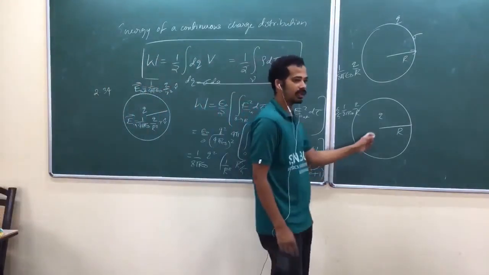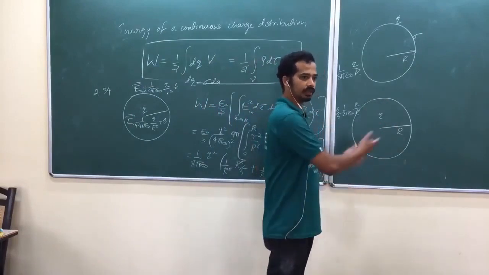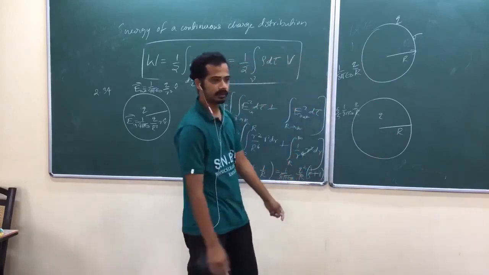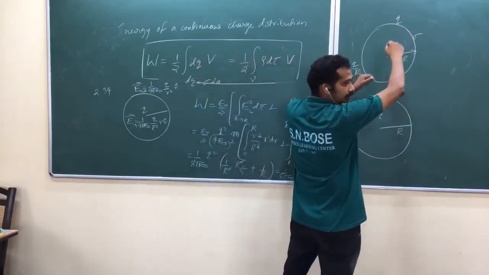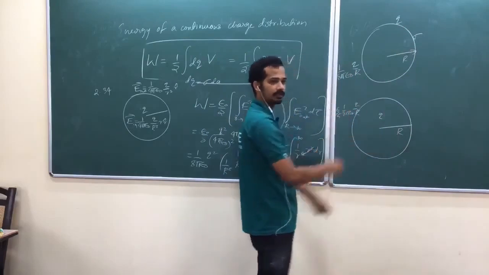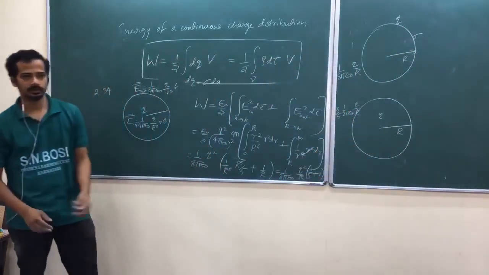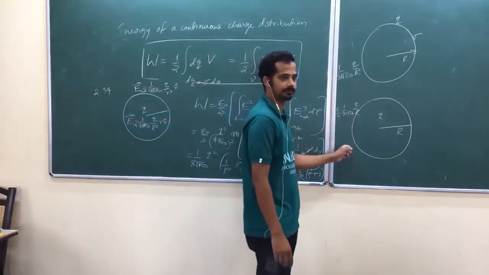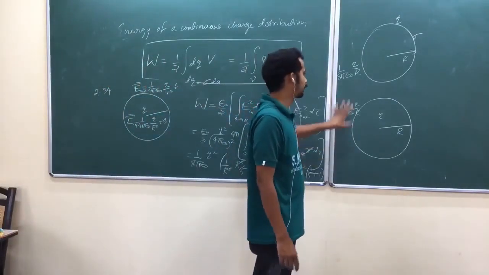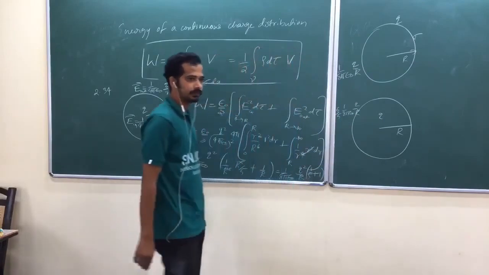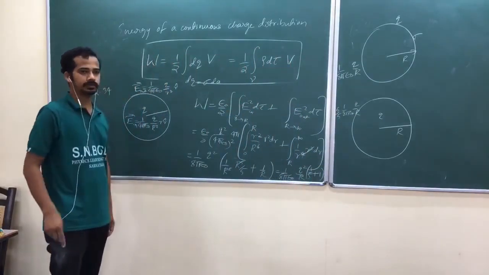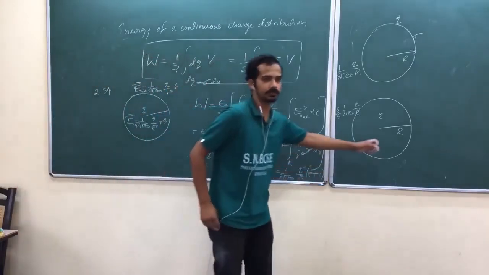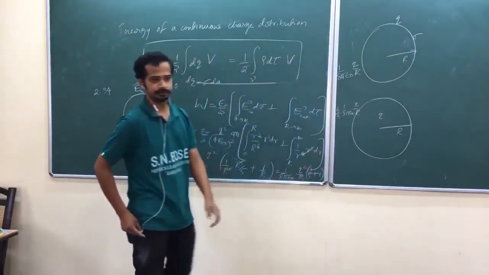We need to move charges a little more distance against the repulsion to have this configuration than this one, isn't it? Here you have to move to the surface, now you have to move inside again, isn't it? So that's why this will be a little higher, 6 by 5. You can use that one to eliminate options sometimes. This will always have higher electrostatic energy than this one, the shell.